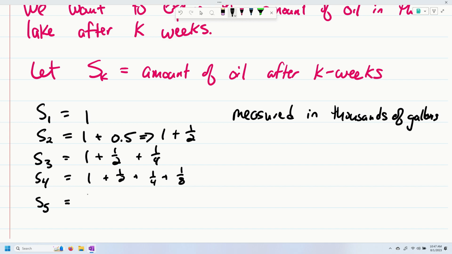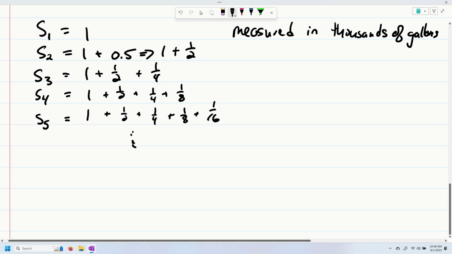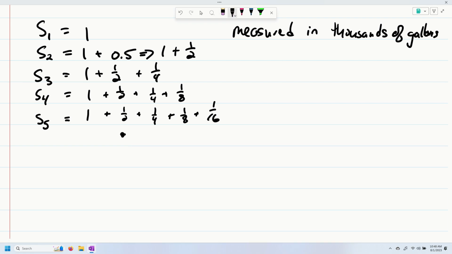Week 5, and so forth. So we're starting to develop a pattern here. What can we say about the amount of oil in the lake at any time?